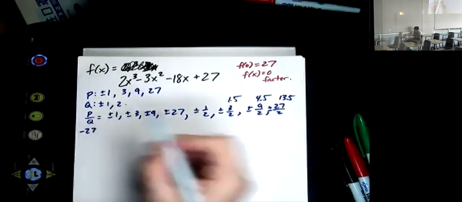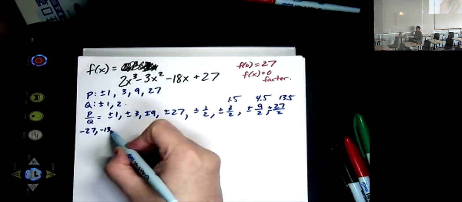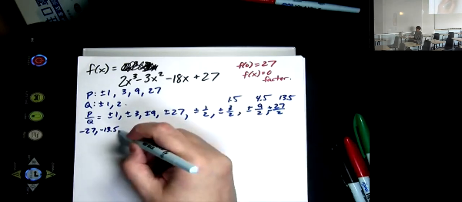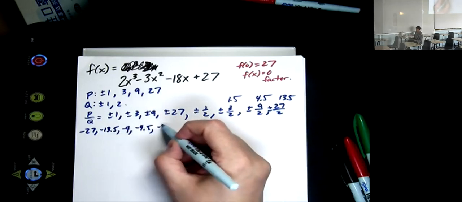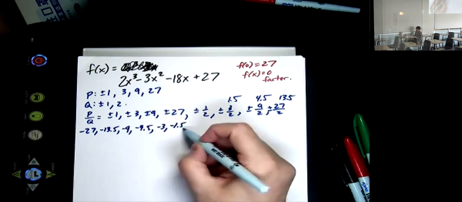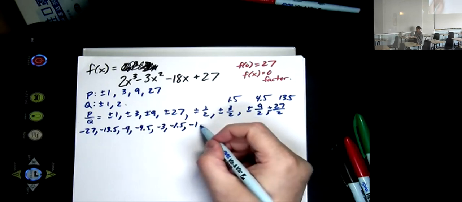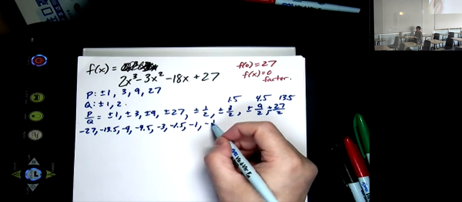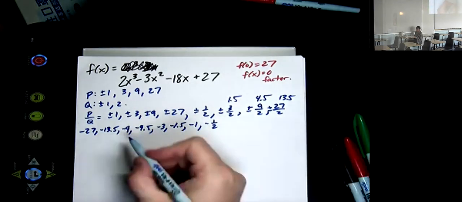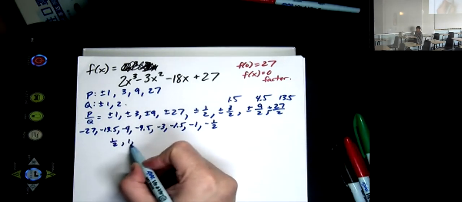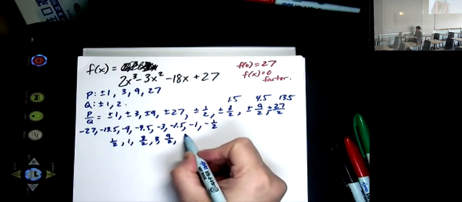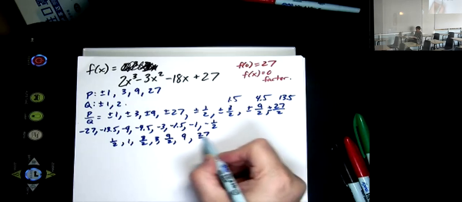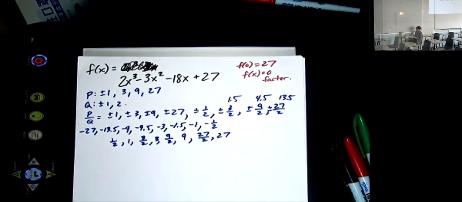So if I rearrange them on a number line, and then I've got the positive versions. There's a lot going on there.